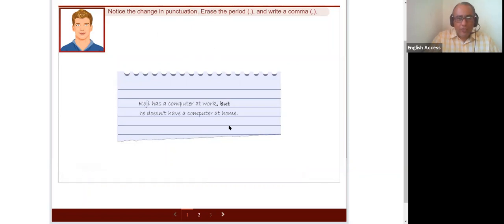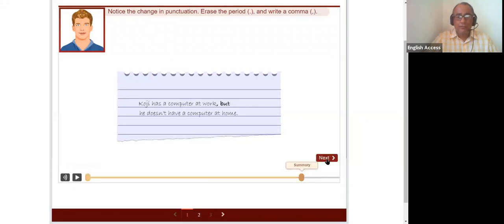Sometimes the information is different or sometimes the information is the opposite of the first. A veces la información es diferente o contraria. Por ejemplo, aquí, Koji has a computer, but negative, he doesn't have a computer at home. But sometimes is adding information that is negative. Let's see the final part of the presentation.